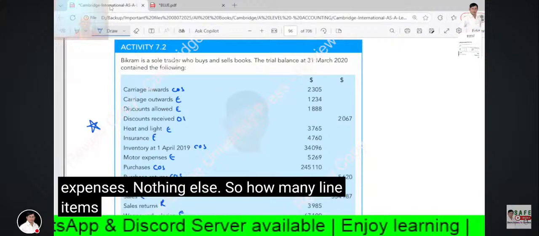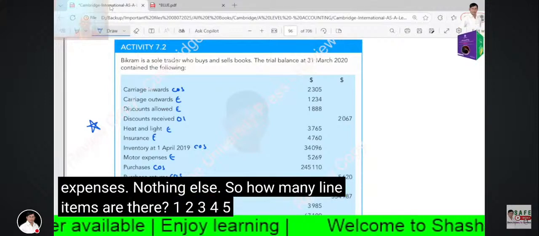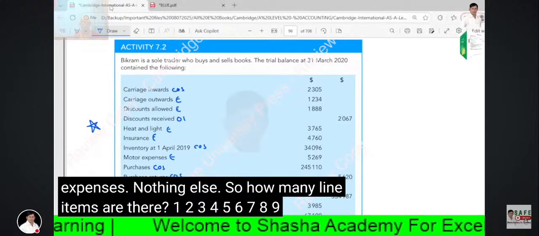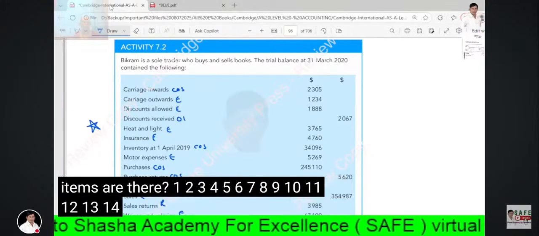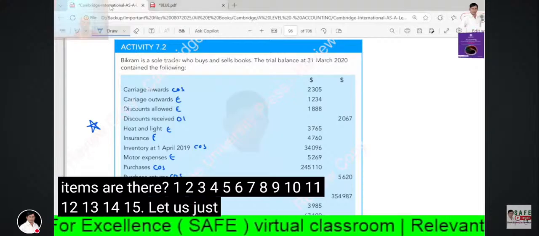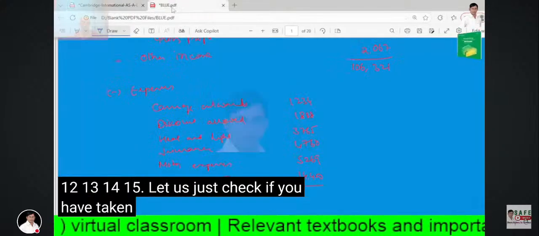So how many line items are there? 1, 2, 3, 4, 5, 6, 7, 8, 9, 10, 11, 12, 13, 14, 15. Let us just check if we have taken everything.